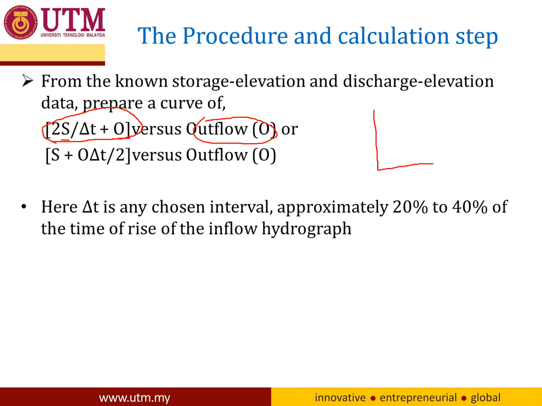We need to make this kind of graph, where the x-axis is the outflow and the y-axis is the storage information, S over difference in t plus O. So we can say this is a storage versus outflow relationship. We need to create this graph first.